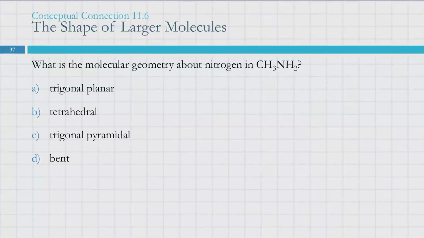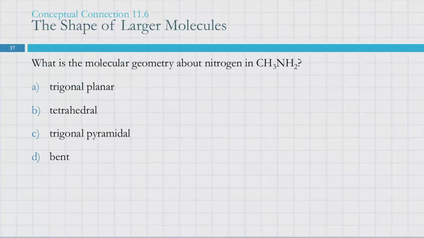What is the molecular geometry of the nitrogen in CH3NH2? Note that the elements are not necessarily in the order that they're bonded.